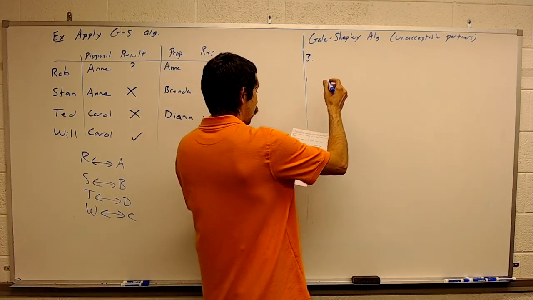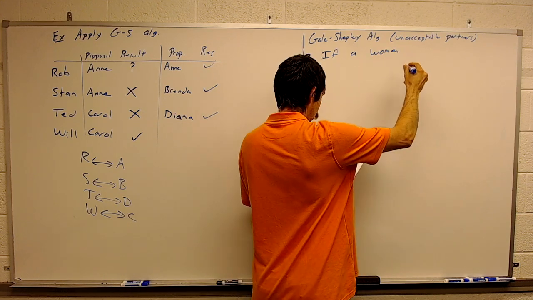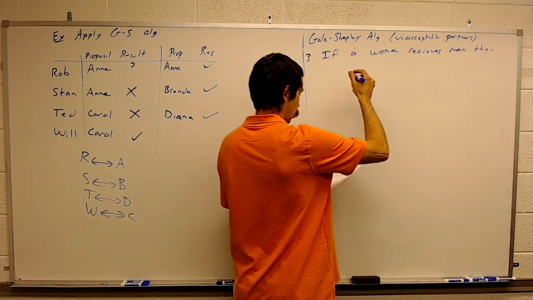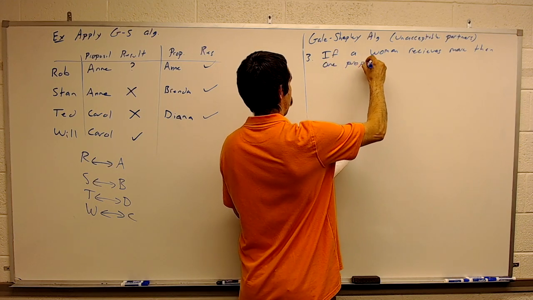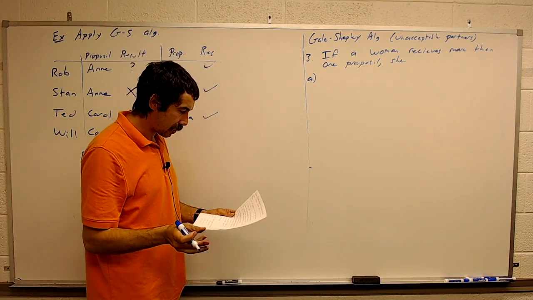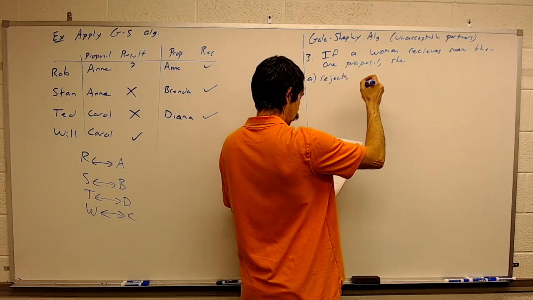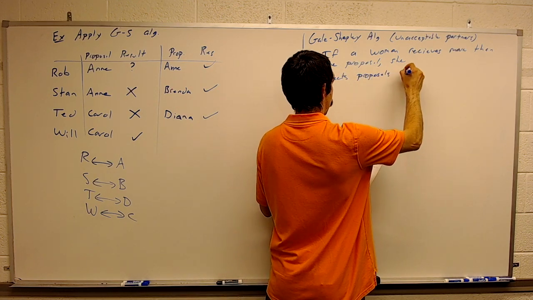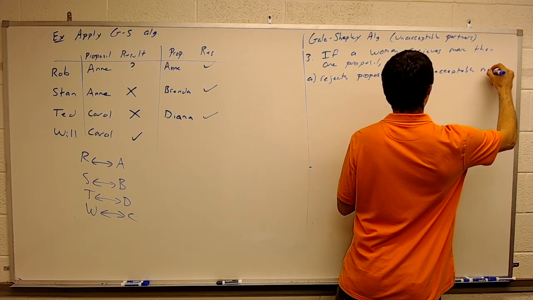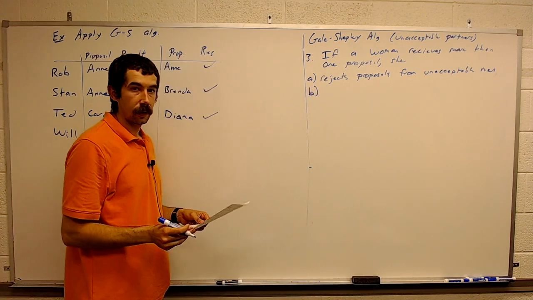Okay, so step 3 is if a woman receives more than one proposal, she rejects proposals from unacceptable men. Okay?